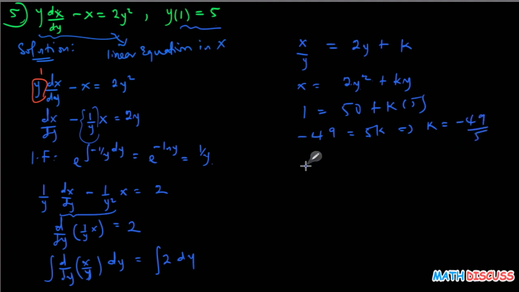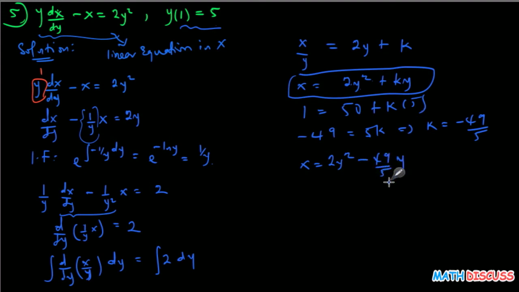So I've been able to find my x. Using this in the general solution, x equals 2y squared minus 49 over 5 times y. This is the particular solution of the initial value problem we're given.